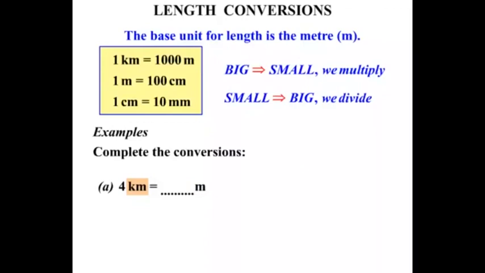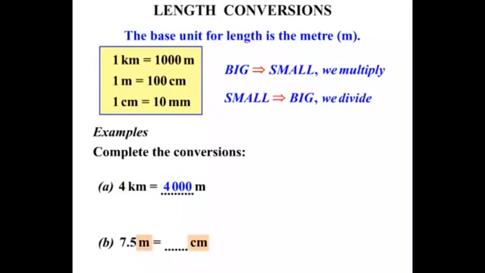Now, looking at it, we're changing from kilometres to metres. So that's an example of changing from something big to something smaller. Kilometres is much bigger than metres. So we multiply by that 1,000. And 4 times 1,000 is 4,000. The next one, 7.5 metres equals how many centimetres?